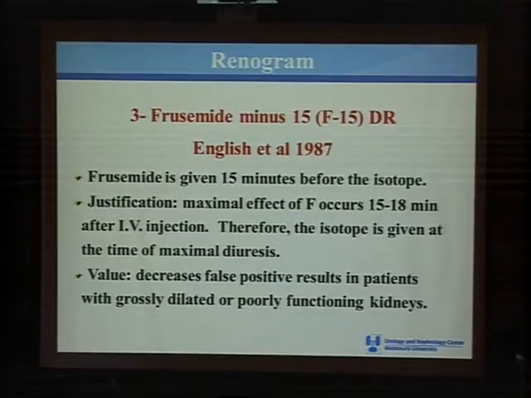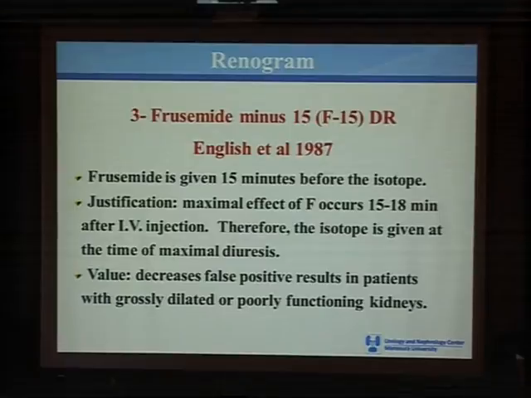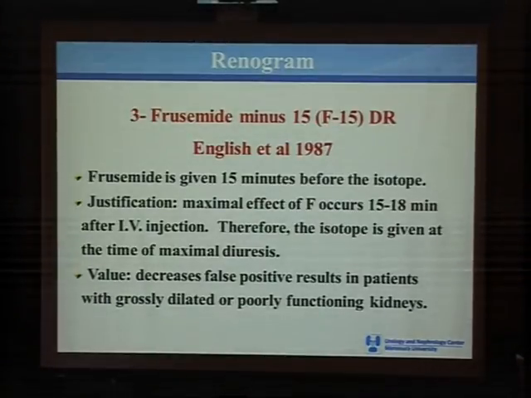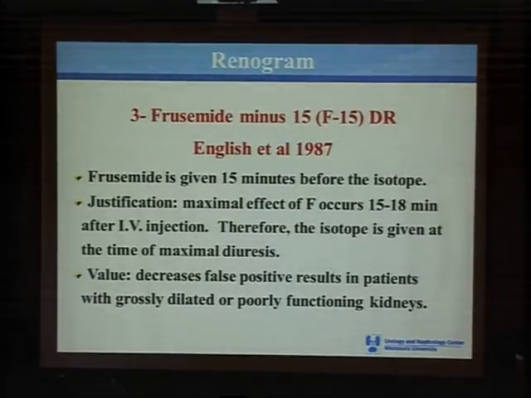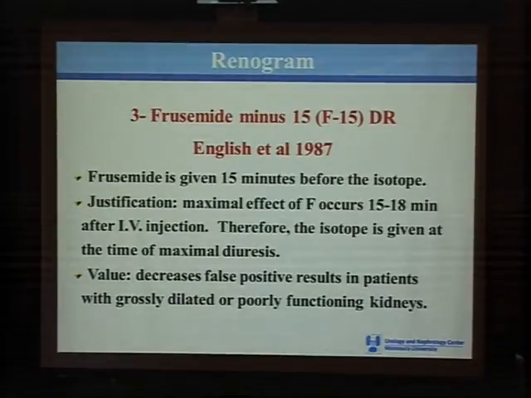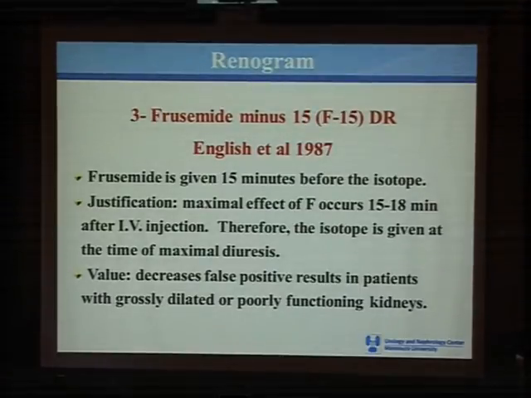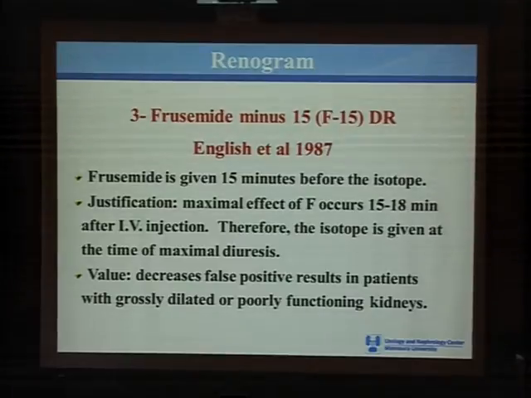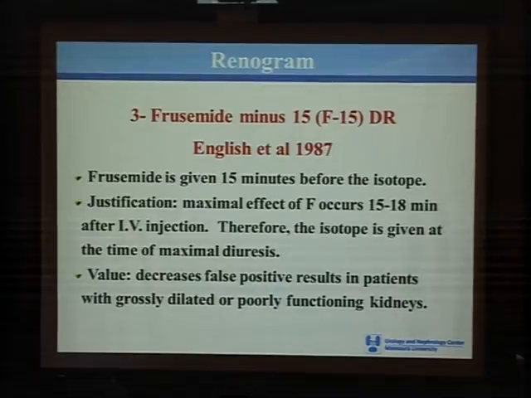F means the furosemide, plus 20 means that we inject furosemide 20 minutes following injection of the radioisotope. F plus 20. This is the normal. But in case of a hugely dilated pelvicalyceal system, if you do that, there will be no sufficient time for the radioisotope to fill the dilated system.